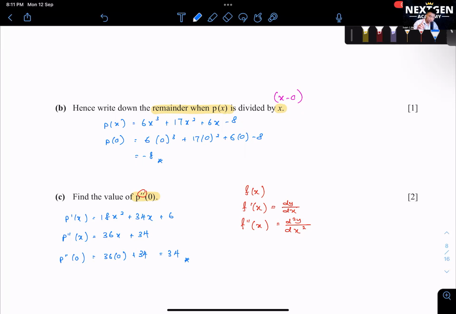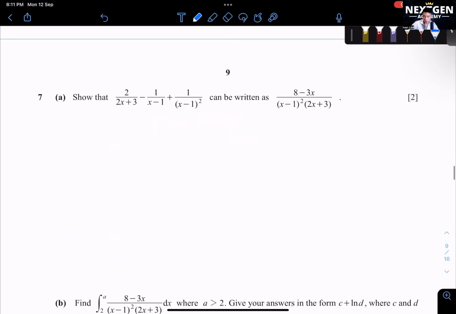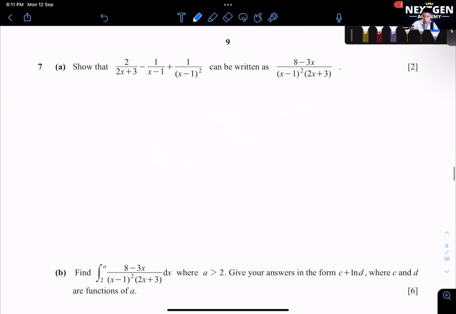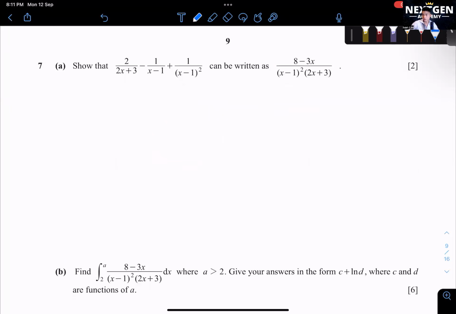First finish up 2021, 2020. Doesn't mean you finish 2020, you are ready for exam. Not ready, cannot get A star. Go and do 2019, 2018, 2017, 2016. That's the criteria if you really want to score. Don't go overconfident also, because some of these questions you have seen before already, so it will be easy for you to do.